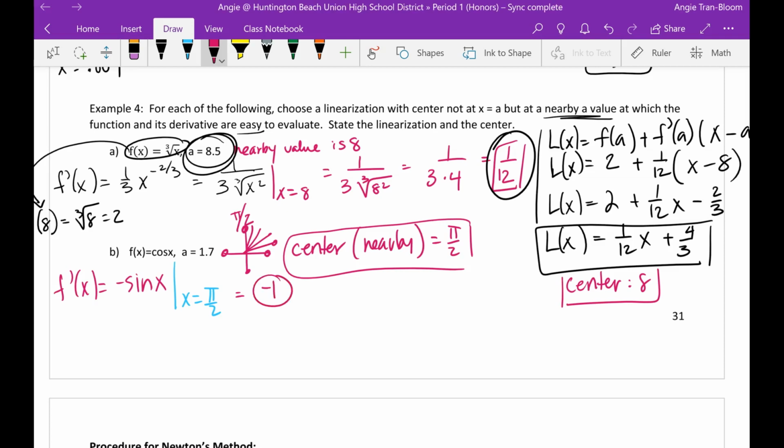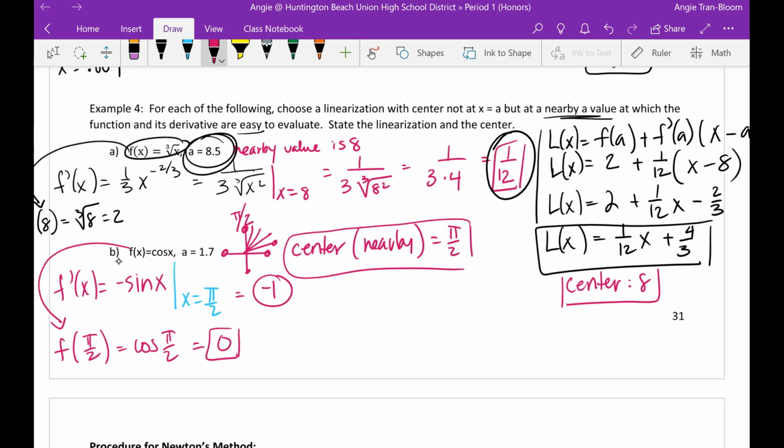In addition, for my linearization, I need to have f of a. So your f function is cosine. So f of pi over 2 is cosine of pi over 2, which is 0, no big deal. Now let's plug into my linearization function. L of x equals f of a plus f prime of a times x minus a.